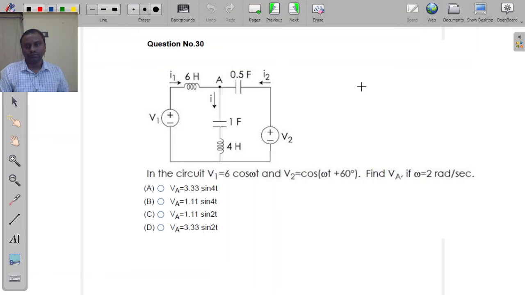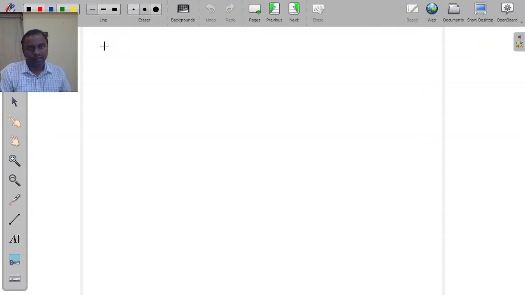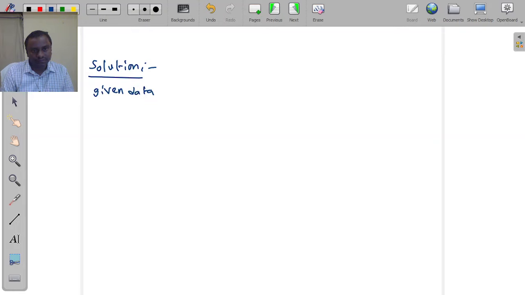Solution. Given data: I am writing the phasor notations.